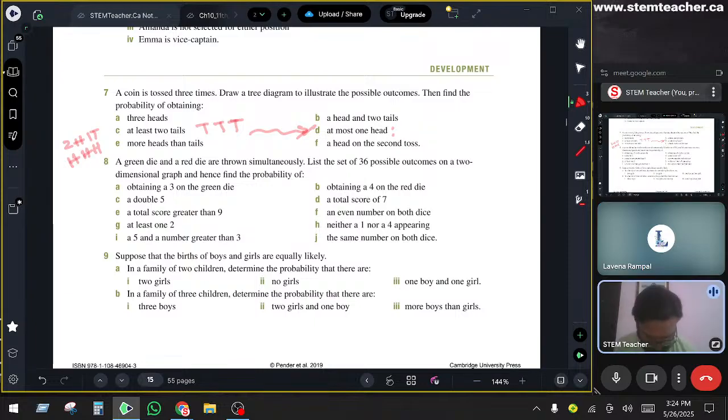So it's 4 over 8, a head in the second toss. 1/2. 4/8.